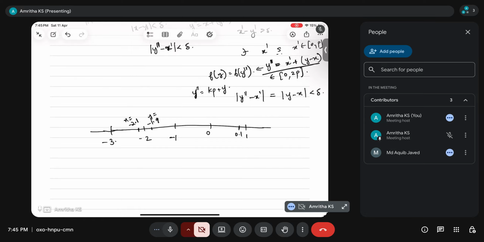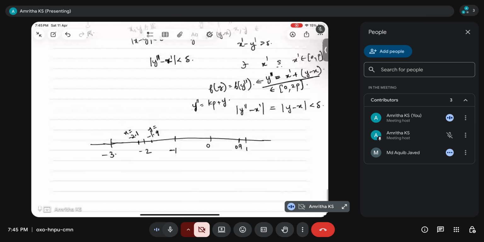Is that so? No, 0.9, right? Yeah, 0.9. And this is my x dash. And my y dash will come here, right? It will be some 0.1.